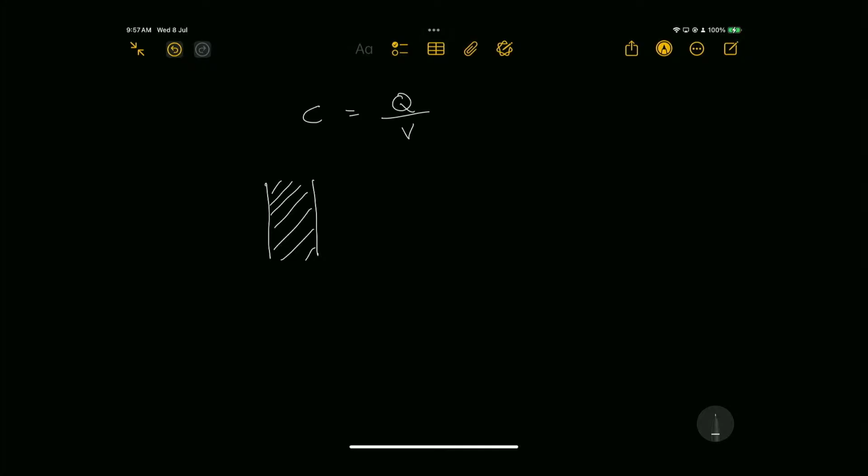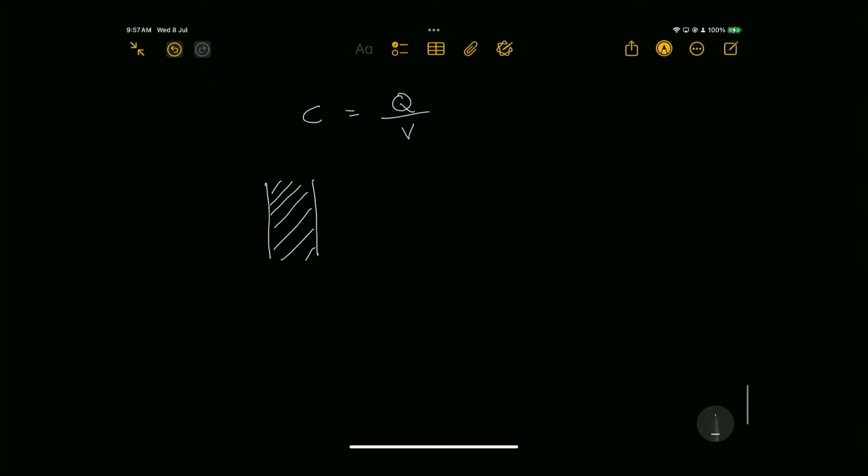In a parallel plate capacitor, the medium that separates the plates is called a dielectric.